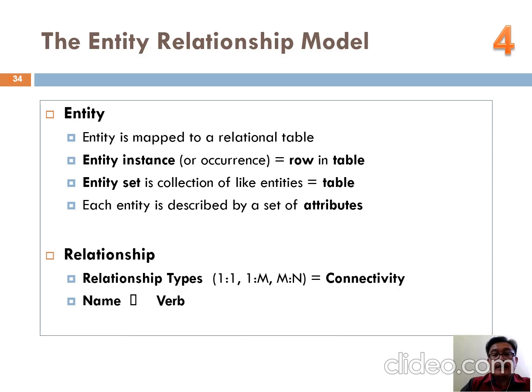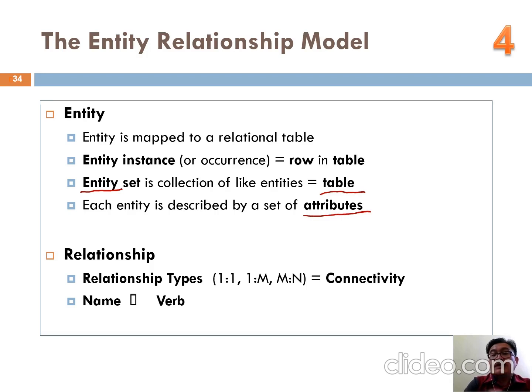Okay, the entity. If you have a table, you will have the table as an entity. So the entity itself is a table, and each entity is described by a set of attributes.